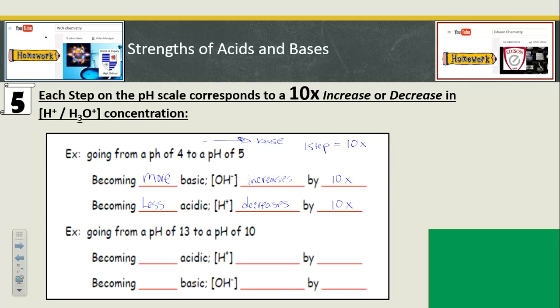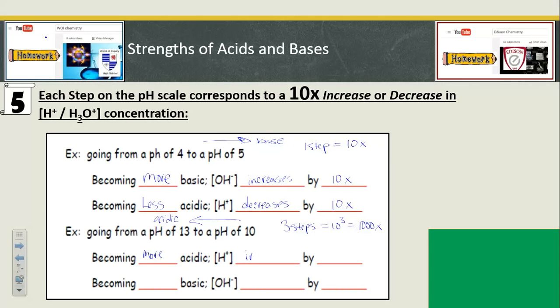Now, a different solution will be a different pH change. So we have a pH change of 13 becoming 10. So this is actually becoming more acidic. It's moving towards the acidic side by 3 steps, which equals 10 to the power of 3, which equals 1,000 times. So this solution is becoming more acidic.